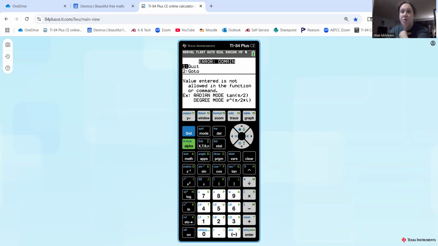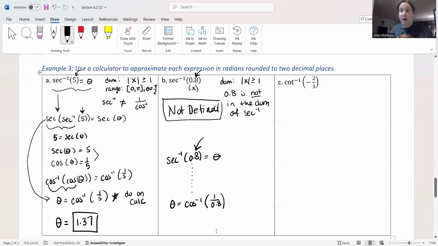Okay. So you can save yourself a little bit of heartache if you really understand the domain and range and how these work. The domain of inverse secant is that the absolute value of the input has to be greater than or equal to 1. We were outside of our domain right off the bat. If you didn't catch that and you did this work, you would still get that this is not defined. We are outside of our domain.